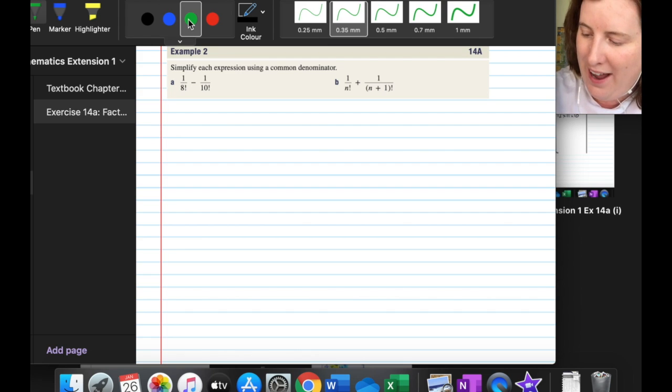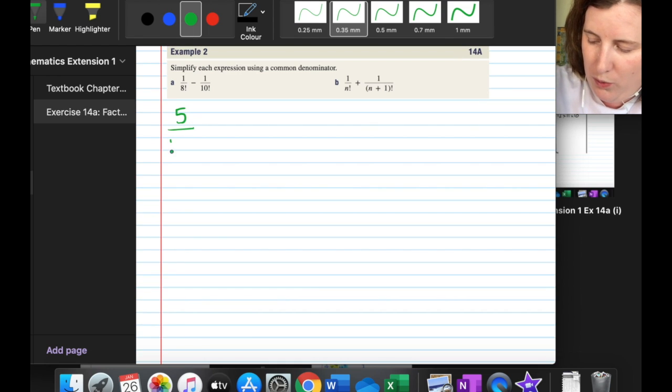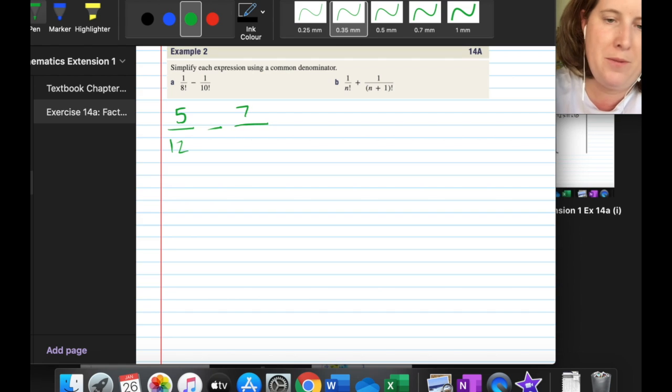So if I had like 5/12 minus 7/8ths. That'll do. What's the lowest common denominator between 12 and 8?